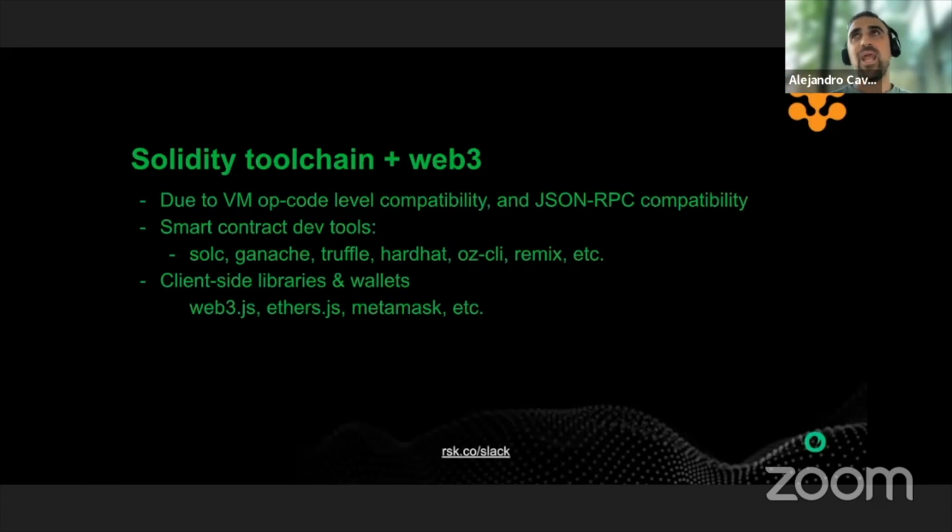I would say that any wallet that is compatible with Ethereum, you can make it work with Rootstock just by changing the endpoint. So it's really easy to start doing things with Rootstock. As I said before, you can get a compiled bytecode and deploy it to Rootstock, and you have the same contract working.